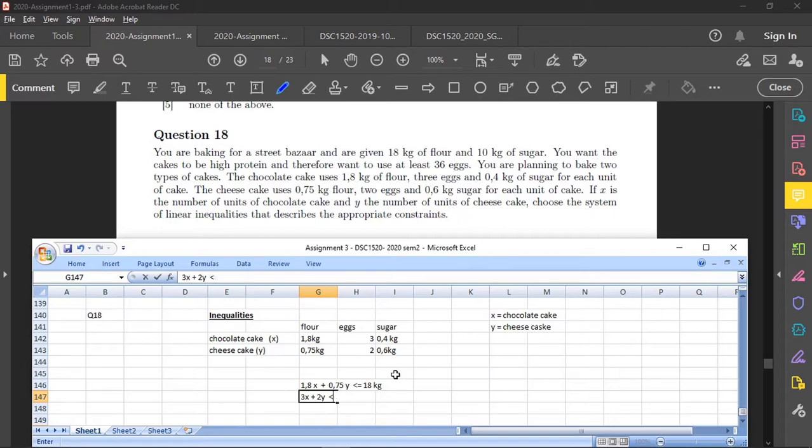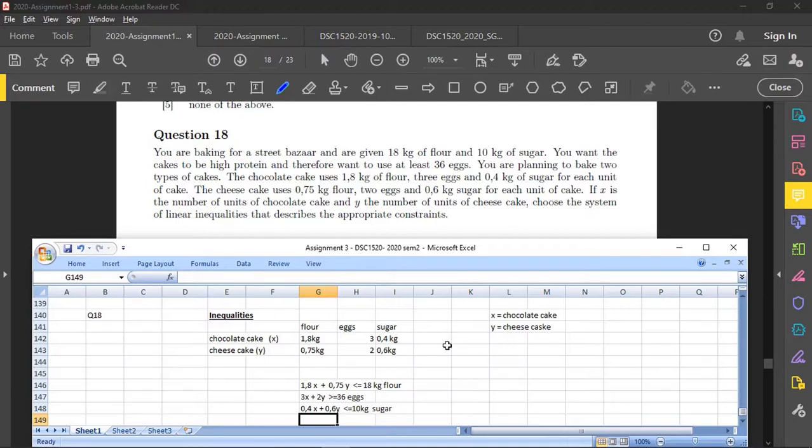So that means greater than or equal to 36 eggs. This was the flour, that's the eggs: more than 36 eggs, less than 18 kilograms of flour. Then the sugar: 0.4x plus 0.6y. How much sugar do we have? 10 kilograms, so less than or equal to 10 kilograms. And that's the sugar.